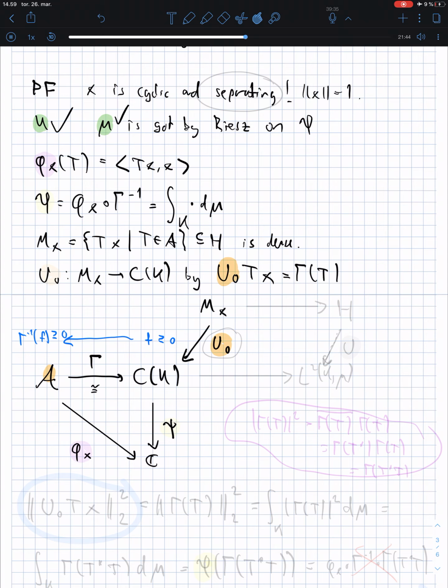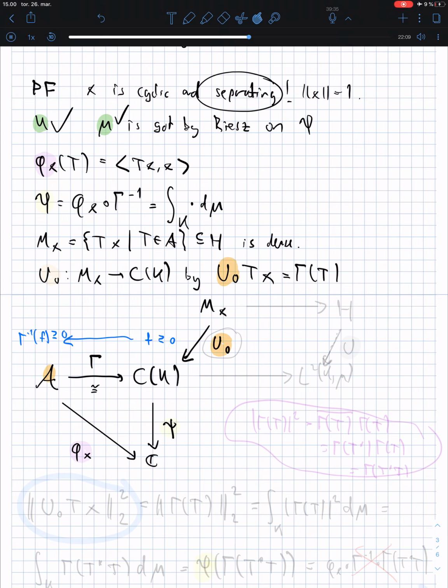So this is a really strange definition. The reason why it works is that we have a separating vector. Because it's a separating vector, we know that if tx is the same as sx, where t and s both come from A, then t and s have to be the same. Right? So actually, if you know what t does to x, you know t.